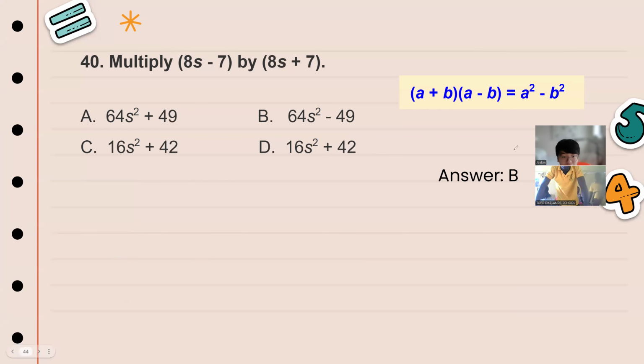because we can see that these two terms are A plus B multiplied by A minus B, which is A squared minus B squared.